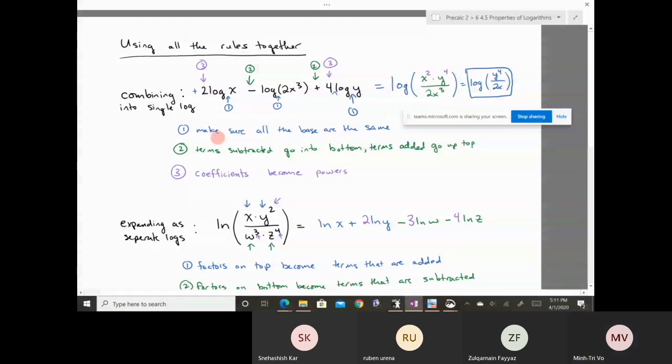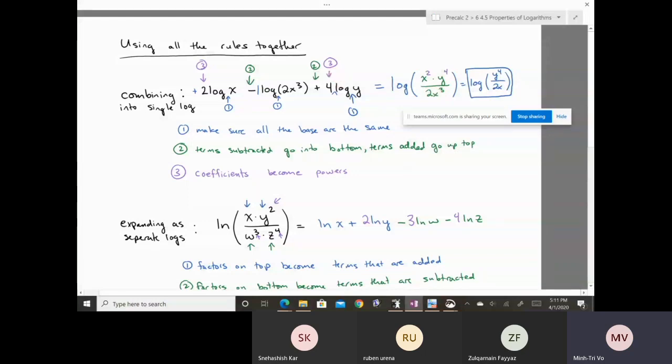And then finally, when combining, coefficients become powers, right? So the log for x has a coefficient of 2. So this coefficient turns into a power for x. So that's written here. This doesn't have anything, so I don't put any power here.